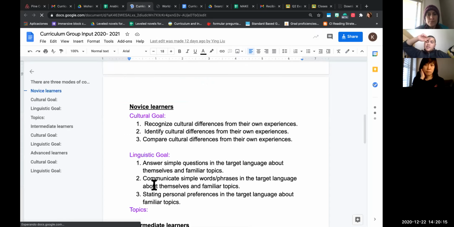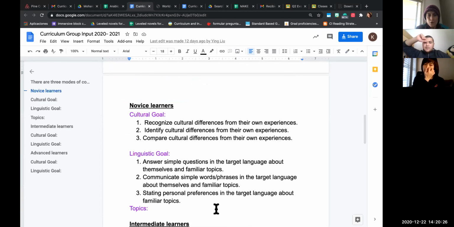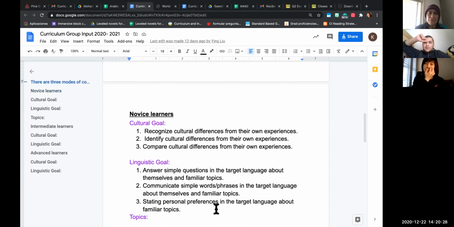Well, we said the linguistic goal is not a main one now. Let's go down a little bit. Let's find something different. You probably only have novice learners, and novice learners are right here. These are pretty simple learning targets that we have for our program that relate to the national standards.